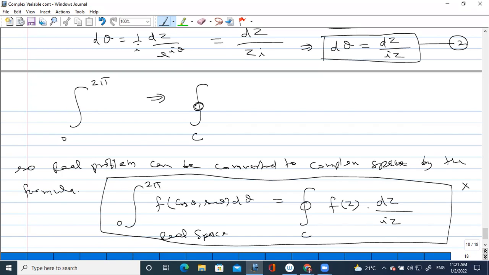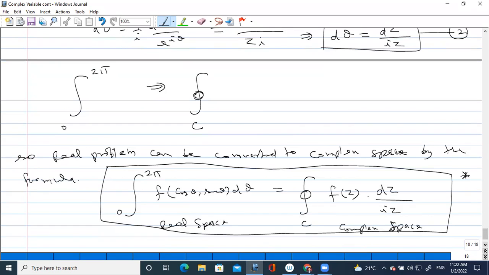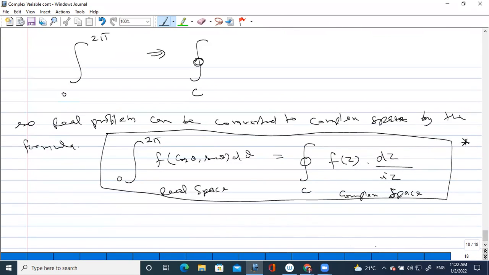Okay, so this formula you have to remember, and this is your complex form or complex space. And in complex space, we can use the Cauchy integral formula.